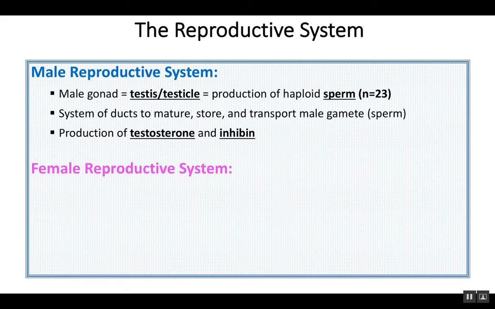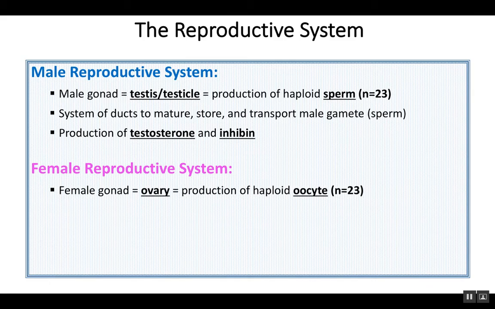When we get to the female reproductive system, we'll discuss the ovary, which houses the developing oocytes or eggs. These oocytes are found in small containers called ovarian follicles. We'll discuss the site of fertilization that happens in the fallopian tube or uterine tubes.